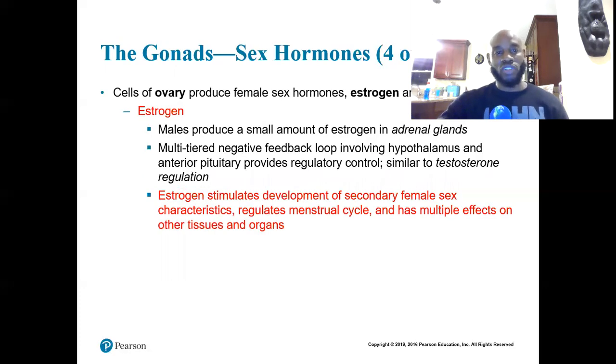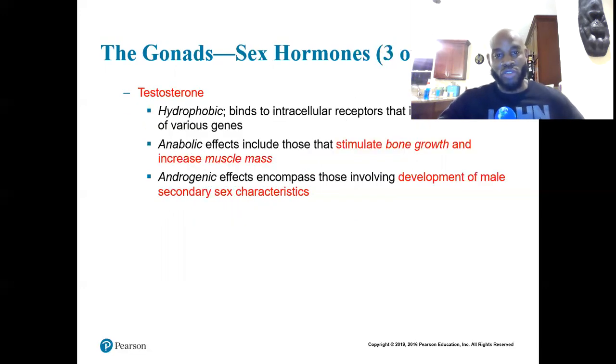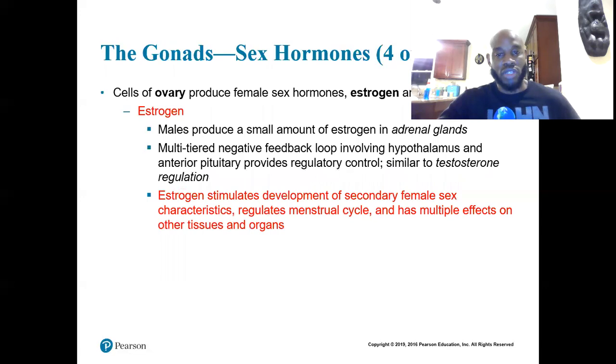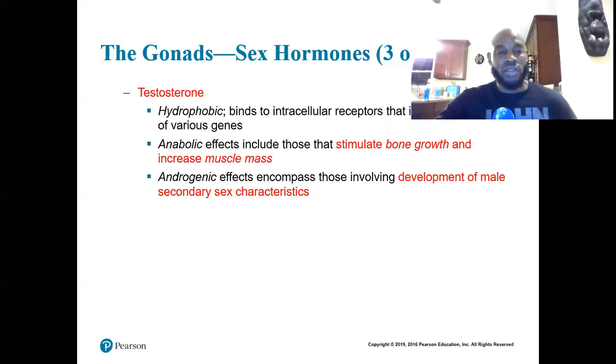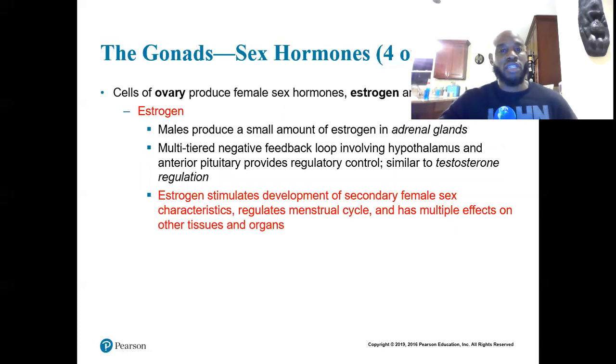The cells of the ovary produce estrogen and progesterone. Males produce a small amount of estrogen, just like females produce a small amount of testosterone. Females produce testosterone, and in the adrenal glands, because they don't have testes, obviously.